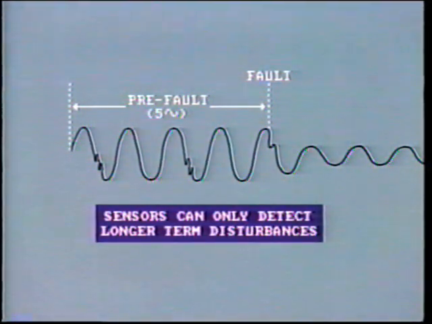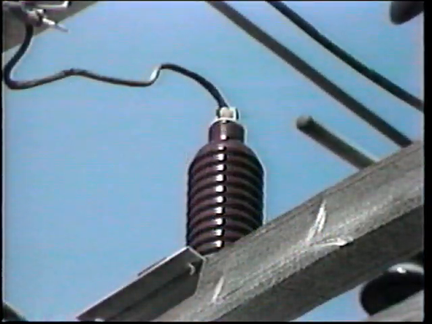This is because the sensors can only detect longer-term disturbances in the range of milliseconds or seconds. A normal arrestor discharge without a fault is too fast to be picked up by the sensors, so it would not start the recorder. We have been looking at oscillograms associated with faults on the system.